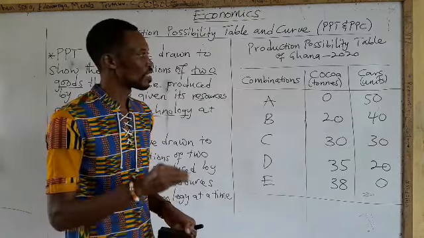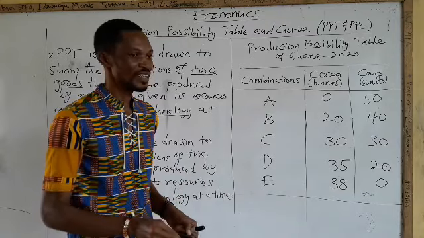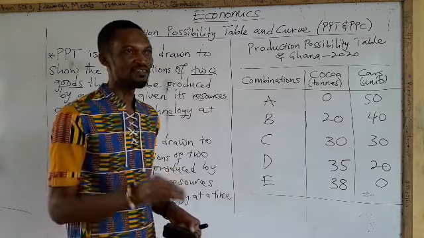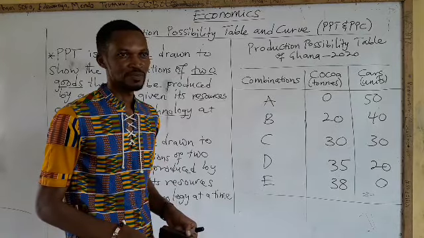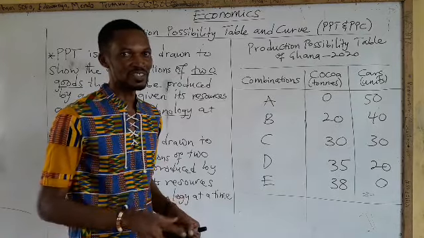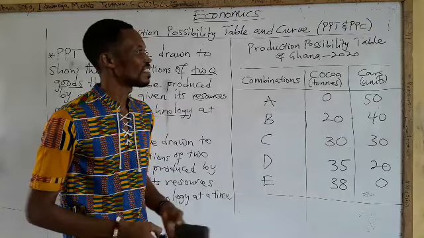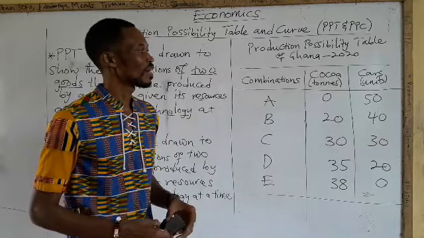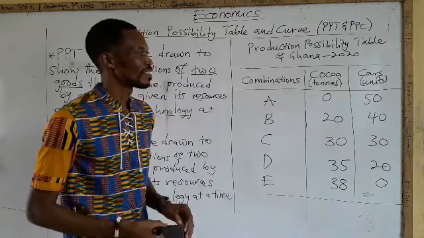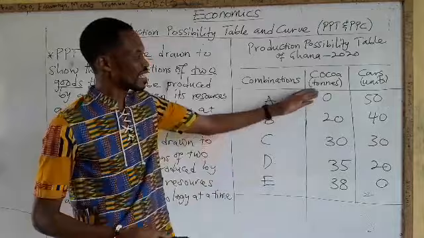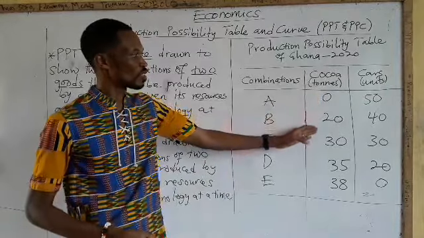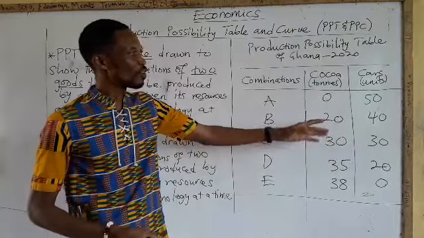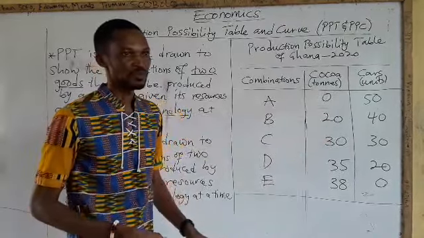And the name of this relationship, we say, is a negative relationship, or an inverse relationship, or an indirect relationship. So what is an inverse relationship, a negative relationship? A negative relationship exists when an increase in one of the variables leads to a fall in the value of the other variable.